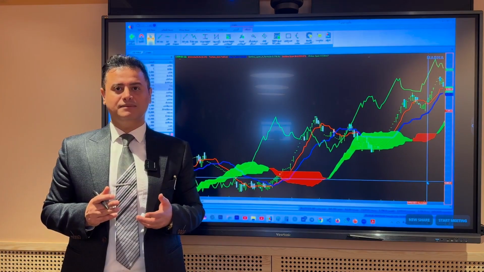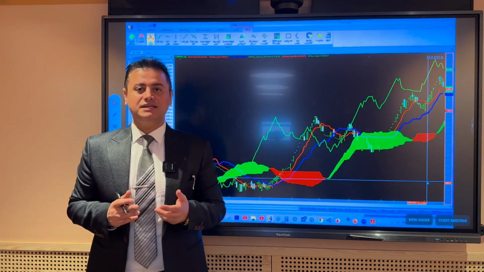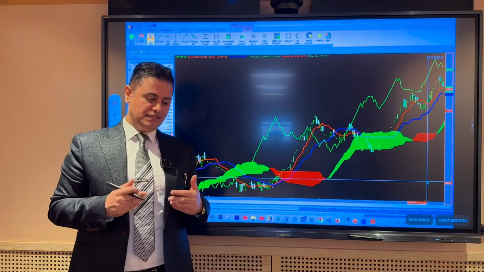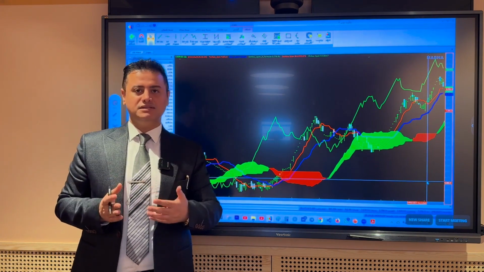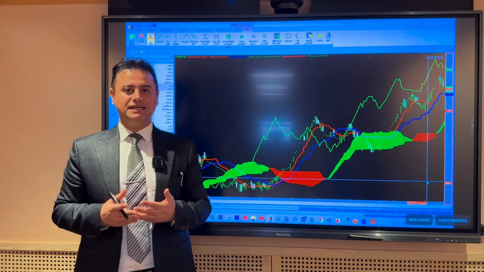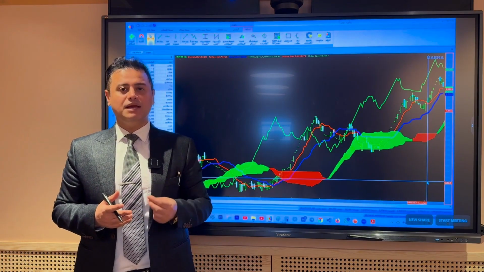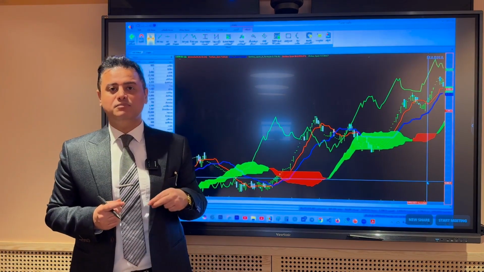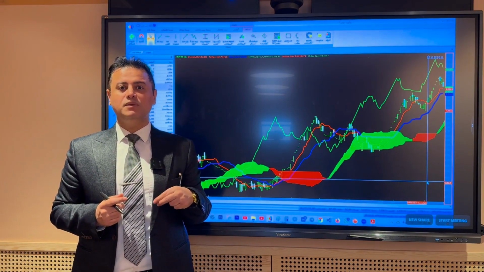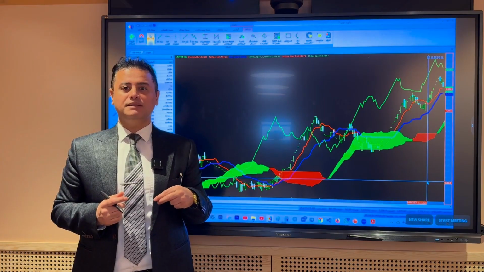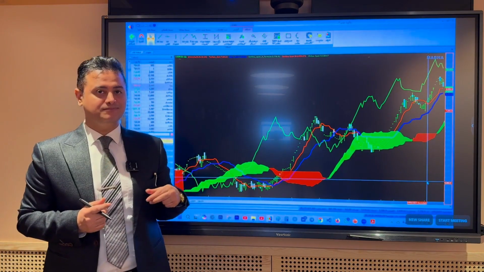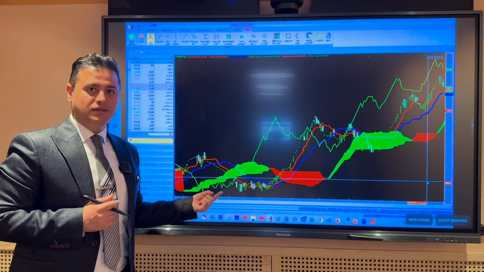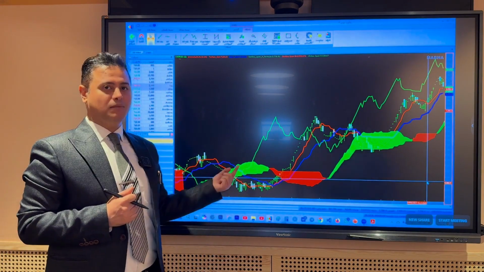If we want to identify the trend using two lines, we can say that in an upward trend and a downward trend, certain events occur with the Kijun and Tenkan lines. Whenever the Tenkan line, which is the red line, crosses the Kijun line, which is the blue line, upwards, we are witnessing the trend becoming upward. What does this mean? This means that the Tenkan line crosses the Kijun line upwards.